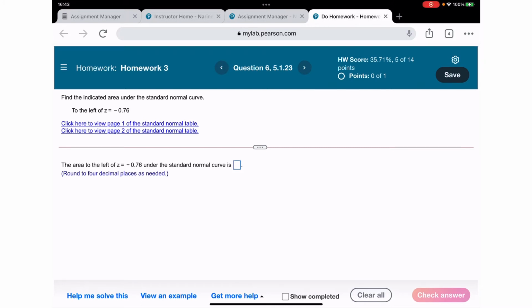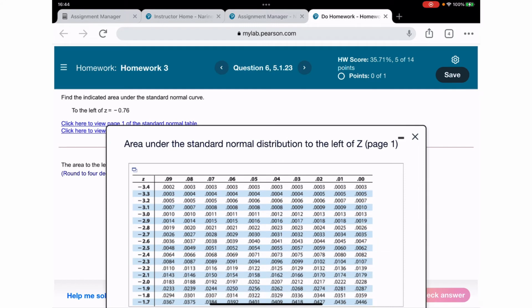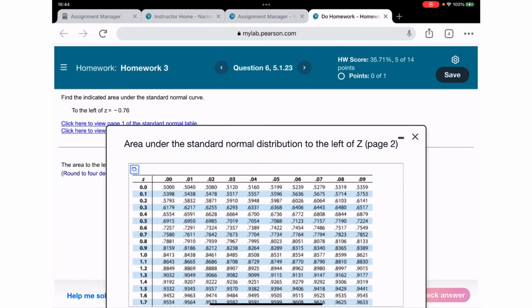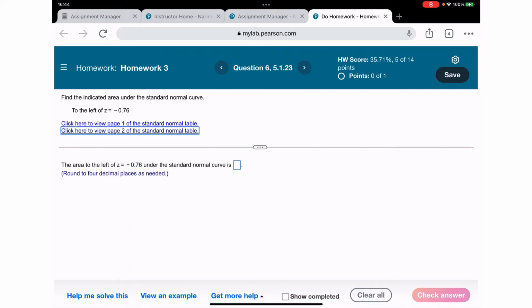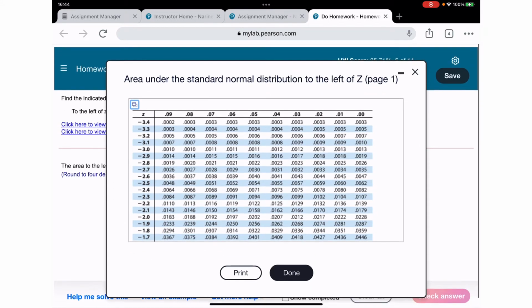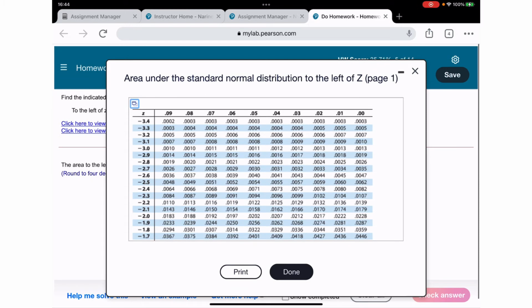In the meanwhile, this is how I'm going to work. I have one table with positive z-scores and one with negative z-scores. If the z-score given is negative, I use one table. If it's positive, I use another table. Since it's negative, I'm looking for negative 0.76.